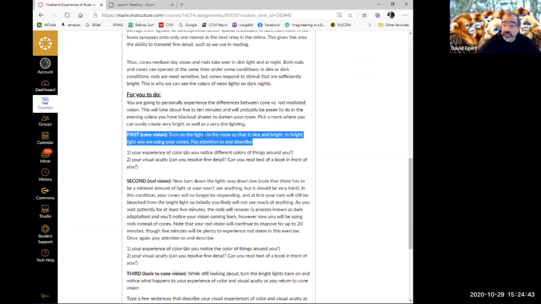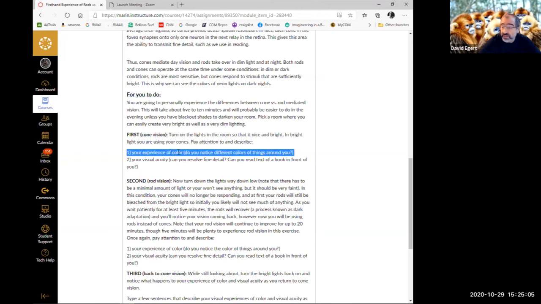I want you to pay particular attention to visual acuity. Have a piece of paper with some writing on it in your hand so you can look at it and see if you can read the words or not. And then it says, turn the lights on so it's nice and bright. You're using your cones, and you're going to pay attention to your experience of color and your visual acuity.